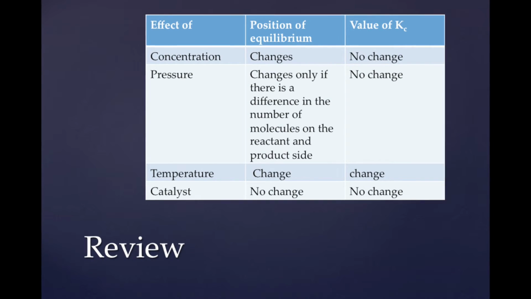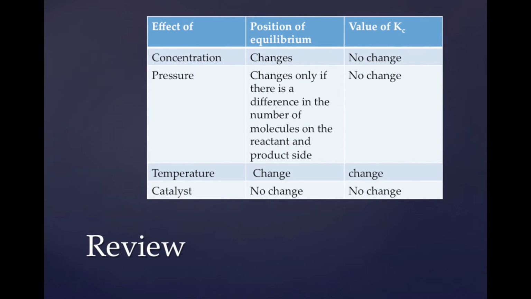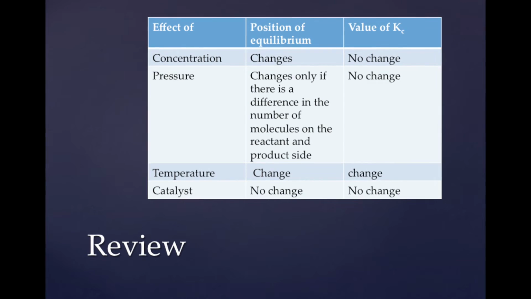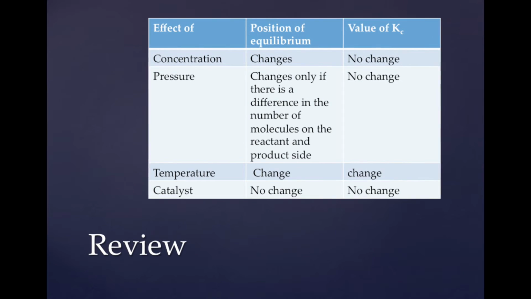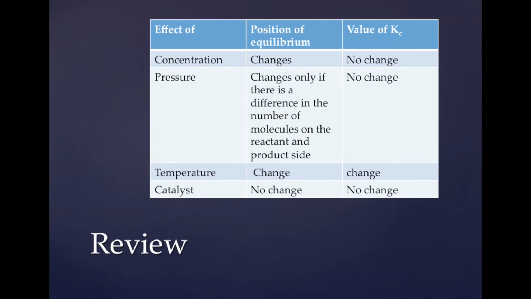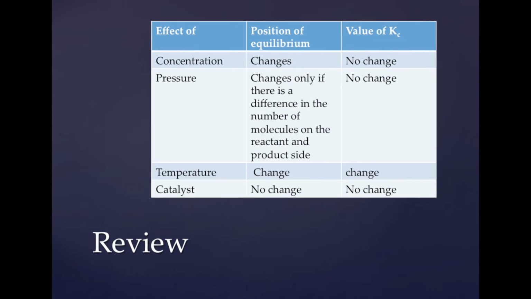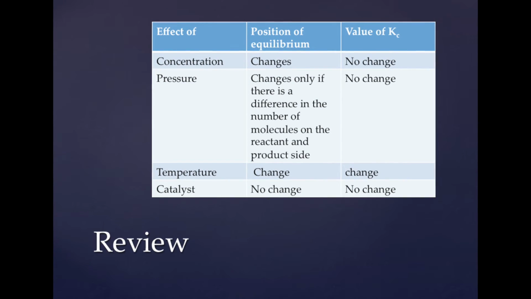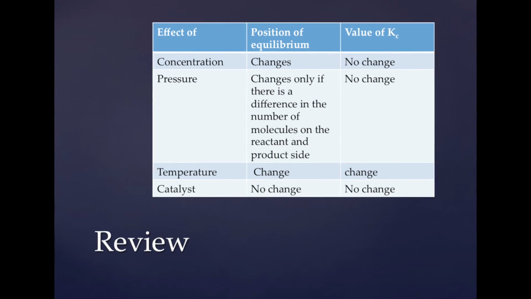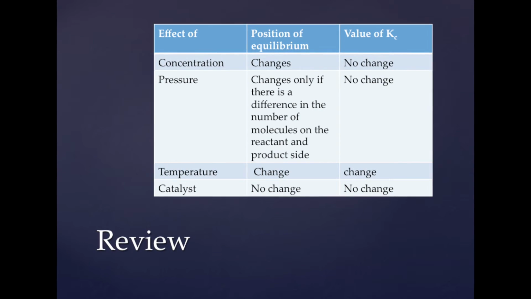With pressure, it does have an effect on the position of equilibrium, but it only has an effect if there is a different number of molecules on the reactant and the product side. So it's going back to that direct relationship between pressure and the number of molecules, allowing for the position of equilibrium to be shifted. And pressure does not have an effect on the equilibrium constant.